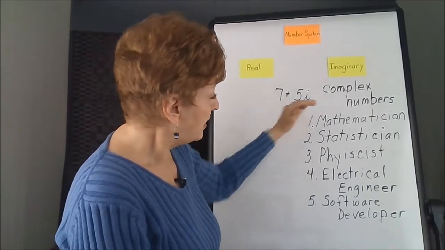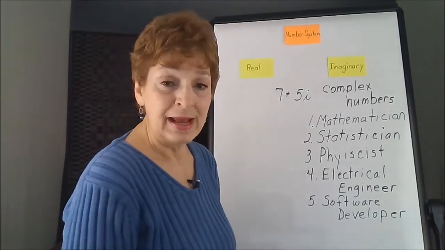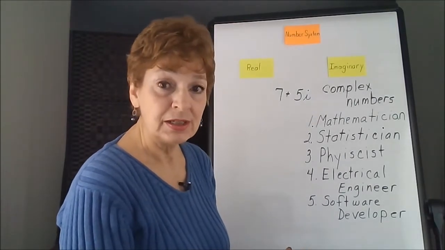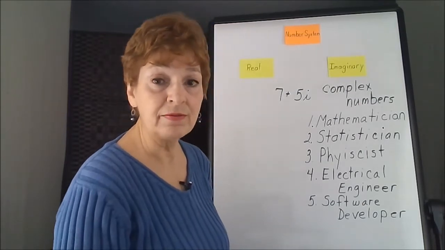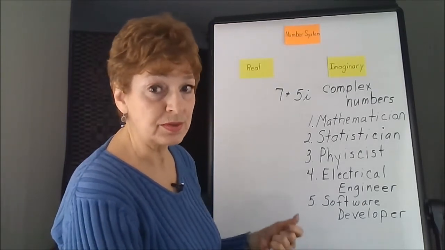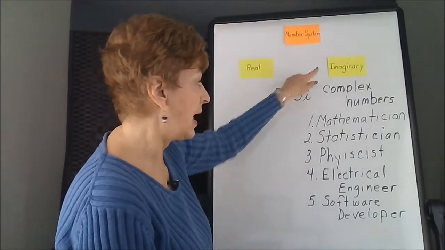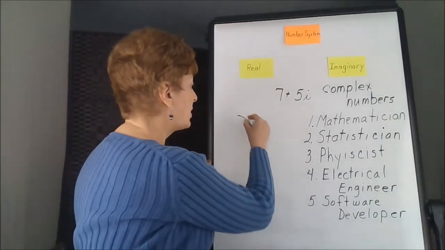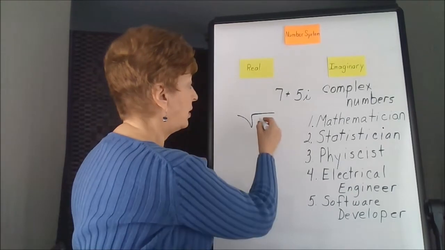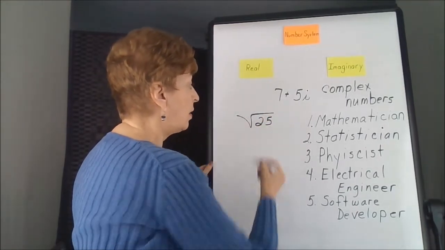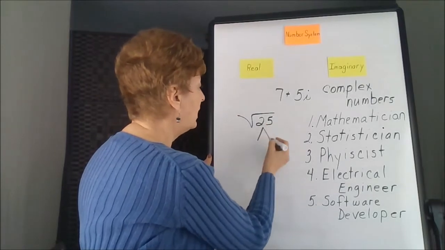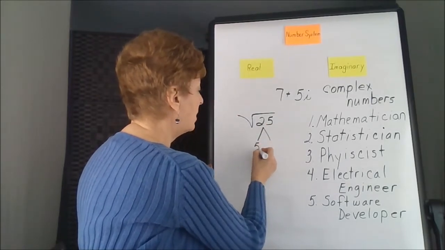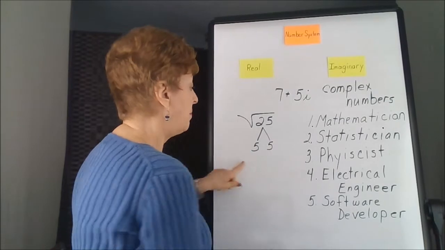The imaginary numbers, basically there was a glitch in the calculation of negative square roots. This is what precipitated this category. When you have a square root, which is a real number, like 25, what we're really doing is taking a double of this, or we're factoring it into its parts that match.